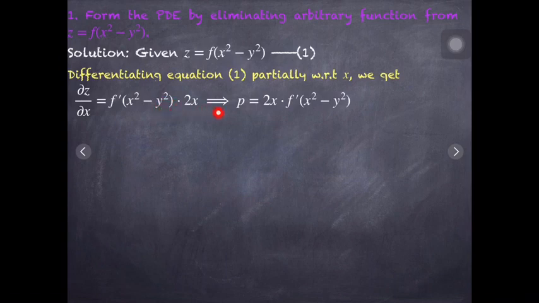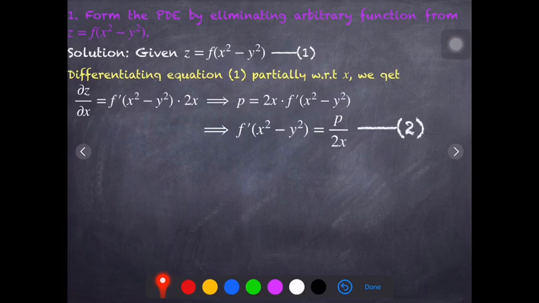This implies dou z by dou x, which is nothing but p, since the given equation z is a function of x and y only, so I will use the standard notation p, is equal to 2x into f dash. Now simplifying for f dash from the above equation, we get p by 2x, call that equation number 2.